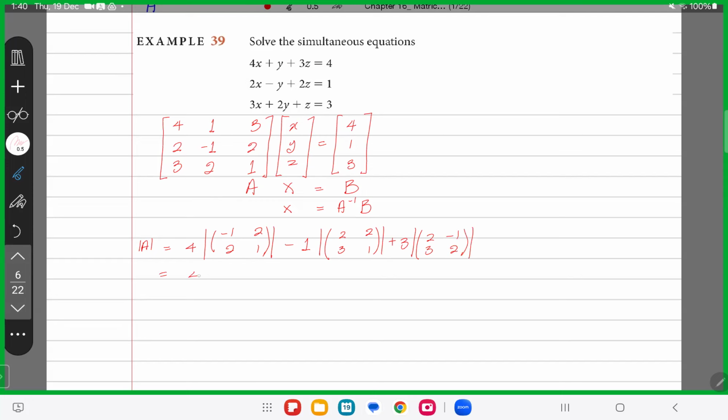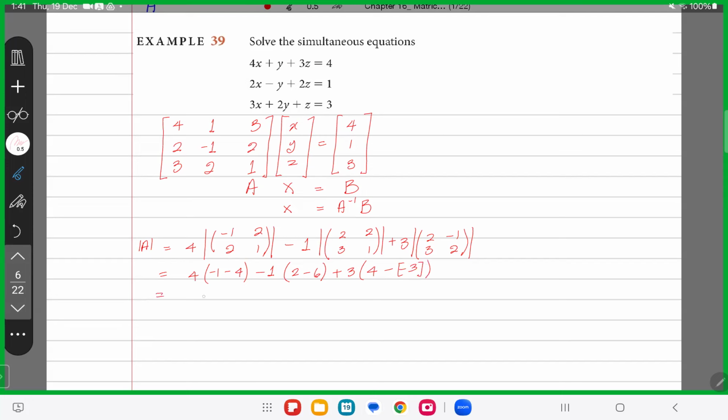This becomes 4 times (-1 - 4), minus (2 - 6), plus 3 times (4 + 3).